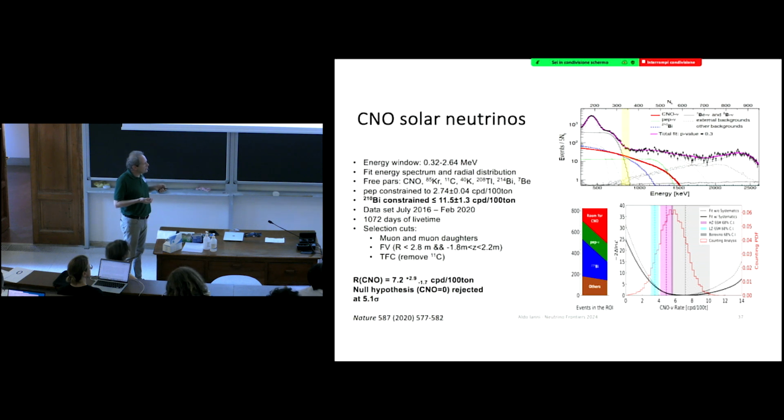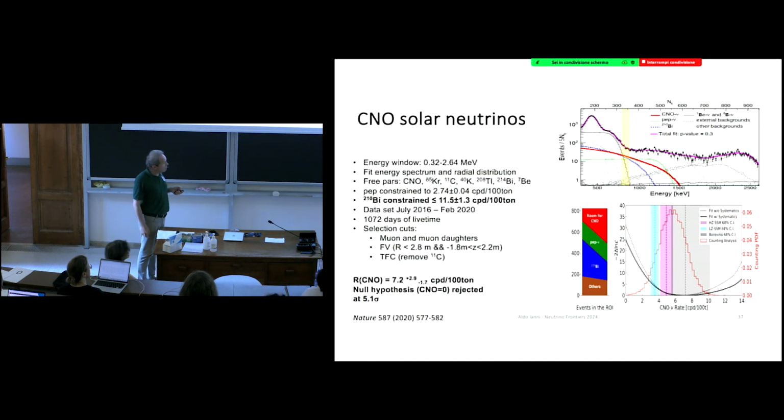So this constraint is from the prediction of the solar model, which for pp neutrinos we think is very robust. So in this way, the null hypothesis was rejected at 5 sigma in the initial measurement of CNO neutrinos. So this was the first spectral measurement of CNO neutrinos, using data from the third phase.